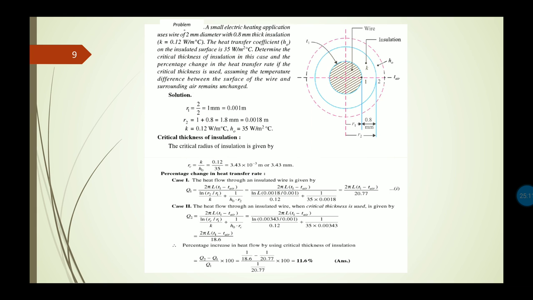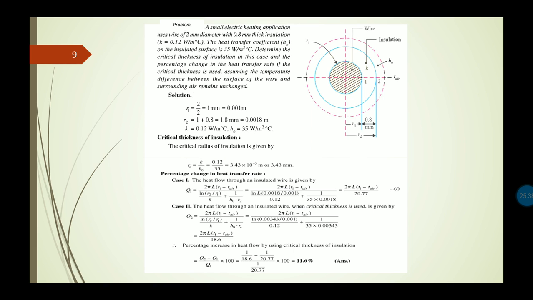Earlier, without considering the critical thickness, it was ln(R2 by R1). In the earlier formula, instead of R2, the outer radius, we have replaced R2 by RC, because as per the question we need to use the critical thickness. So now we get Q2 equals 2 pi L multiplied by (T1 minus T air) divided by 18.6.